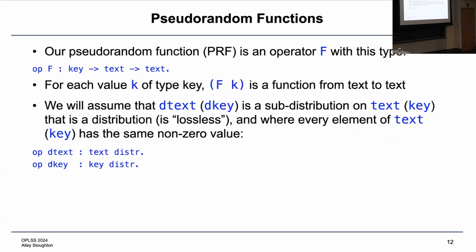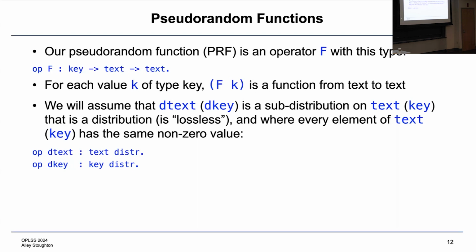Okay, so for our particular scheme, we're building it out of a pseudo-random function, which we're modeling as an operator, just a function that takes in a key. Once you give it a key, then it's determining a function from text to text. So there are 2 to the key len different keys, so there are at most 2 to the key len different functions that are determined by F. And then we also need distributions on text and key.